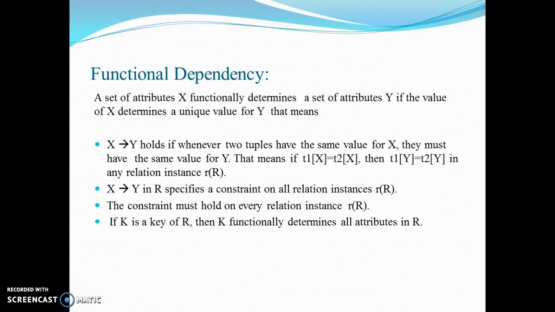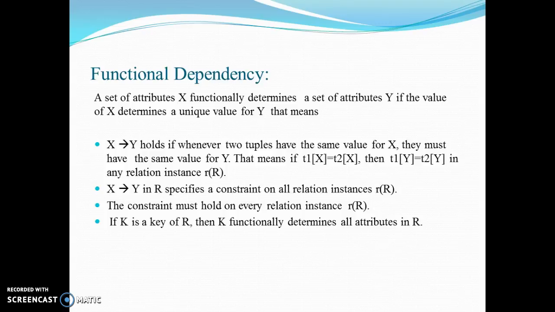More explicitly, X determines Y, written X → Y, holds if wherever two tuples have the same value for X, they must have the same value for Y. That means if t1[X] equals t2[X], then t1[Y] equals t2[Y] in any relation instance, it means it is holding the functional dependency.